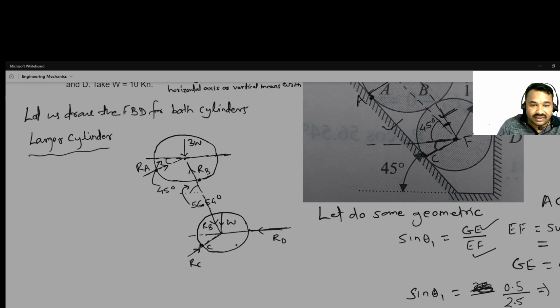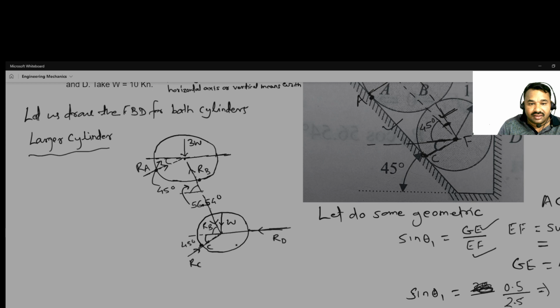This angle we know, it is 45 degree, and this angle also we know, it is 56.54.